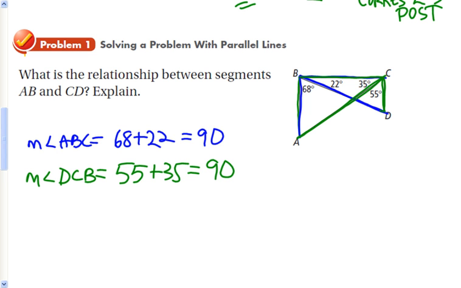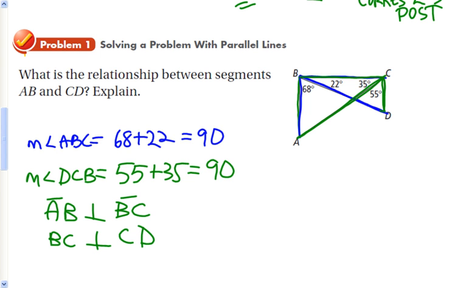And since those angles are equal to 90 degrees, that means that AB is perpendicular to BC, and BC is perpendicular to CD.